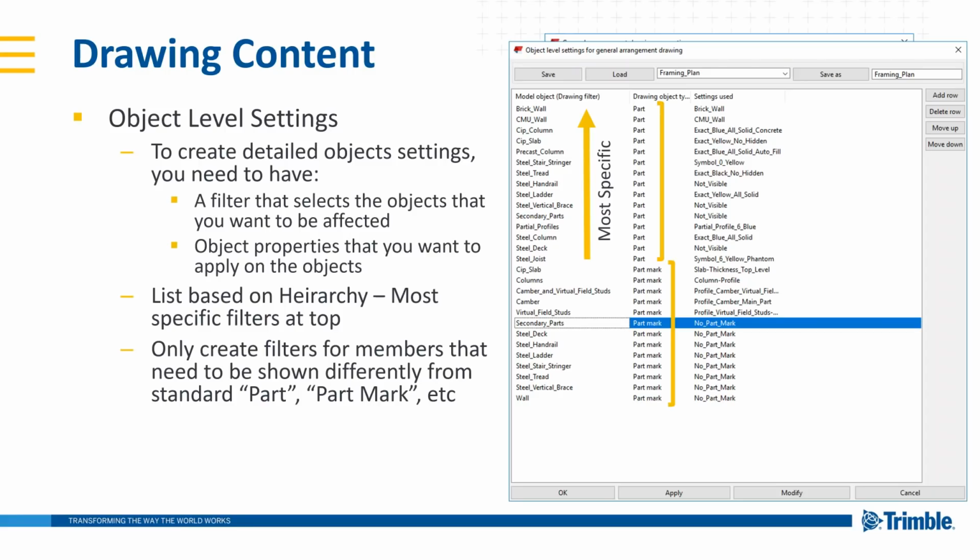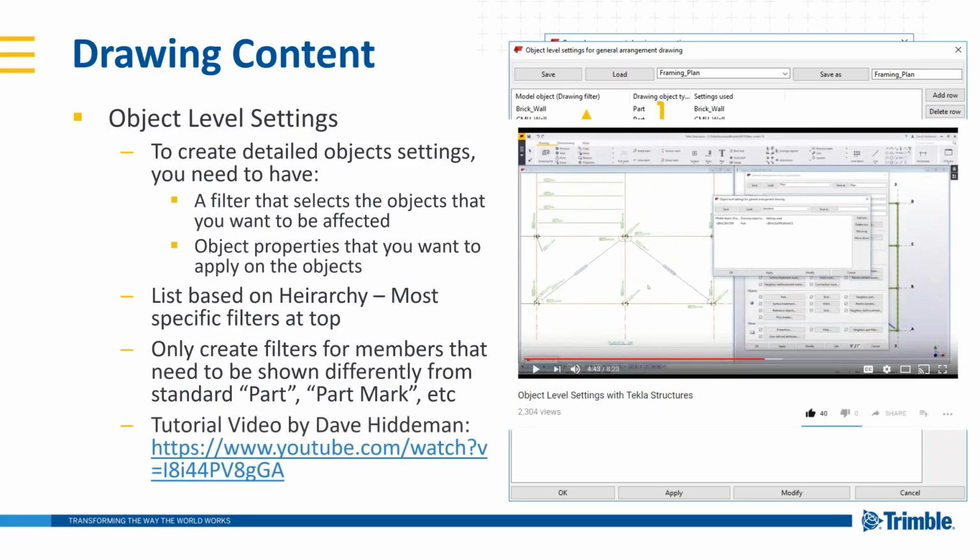So if for most of my parts I just want to show the profile in a leader as my part mark, I would set that to be my basic setting. And then for anything that I wanted a different part mark, that's where I would have a filter and the setting created for how I wanted that part mark to look, including those that I didn't want a part mark for at all. Okay, I hope that's clear, but let me know if you guys have any additional questions.